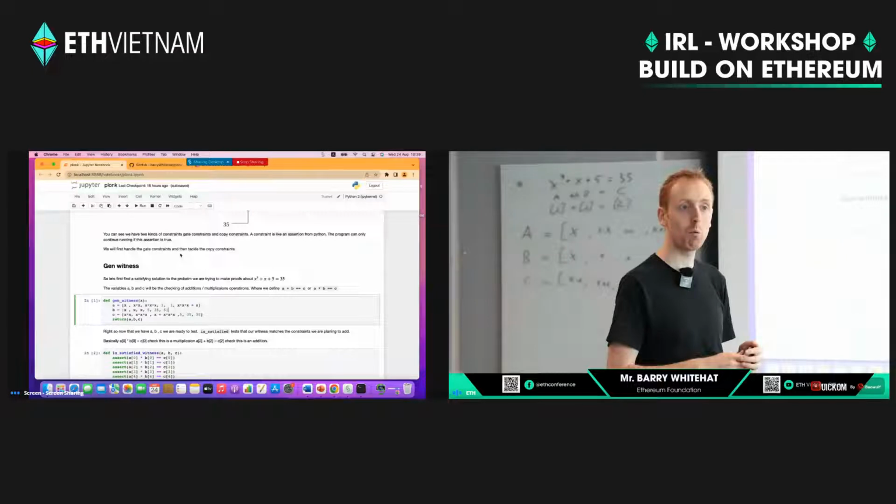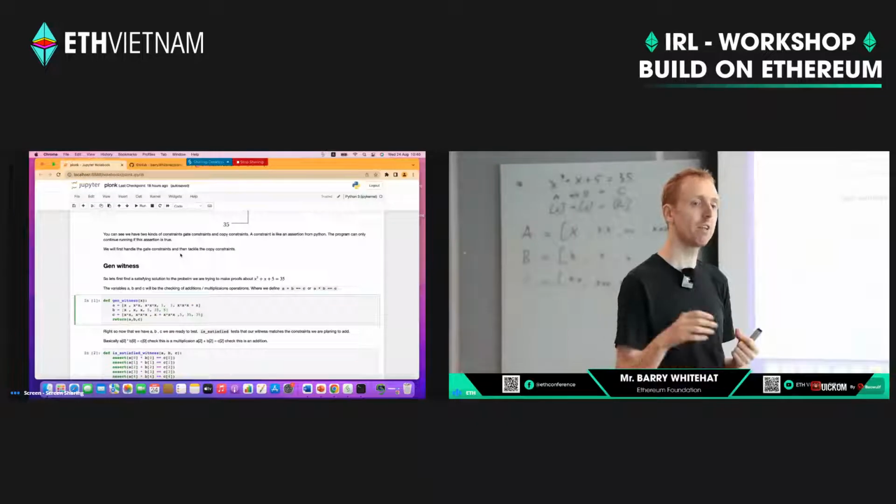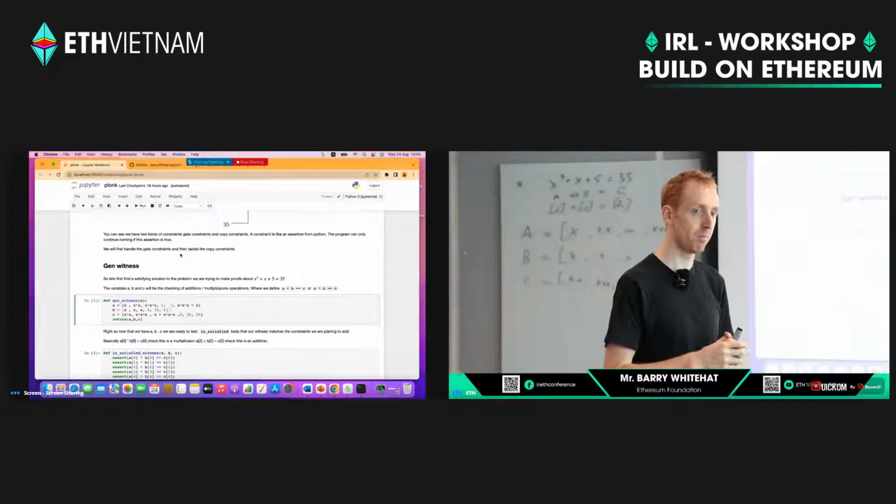We'll get hacked. Someone will find that the constraint is not there, and they'll be able to find an x and make a proof that it equals 35, when it doesn't. That's what will happen here. So this is a secure implementation question.